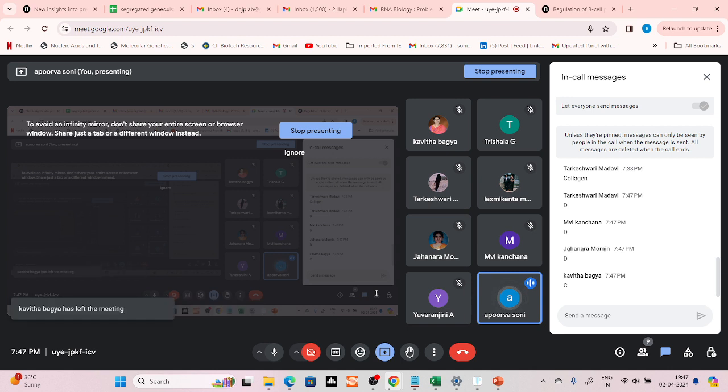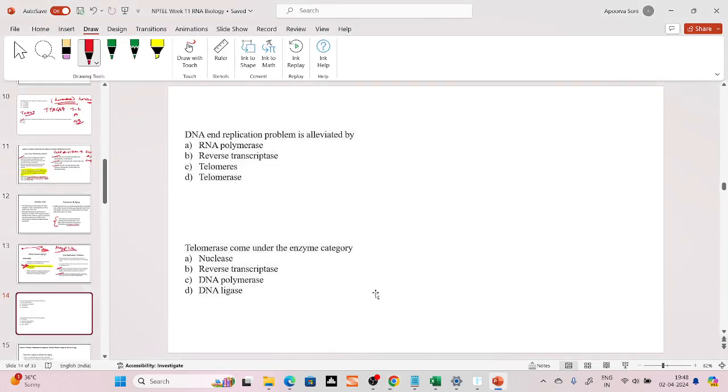Madhvi has said D, Kanchana has said D, Janara has said D, and Momita has said C. The correct answer is D. Why is the correct answer D and not C? Because telomeres can be added with the help of telomerase.